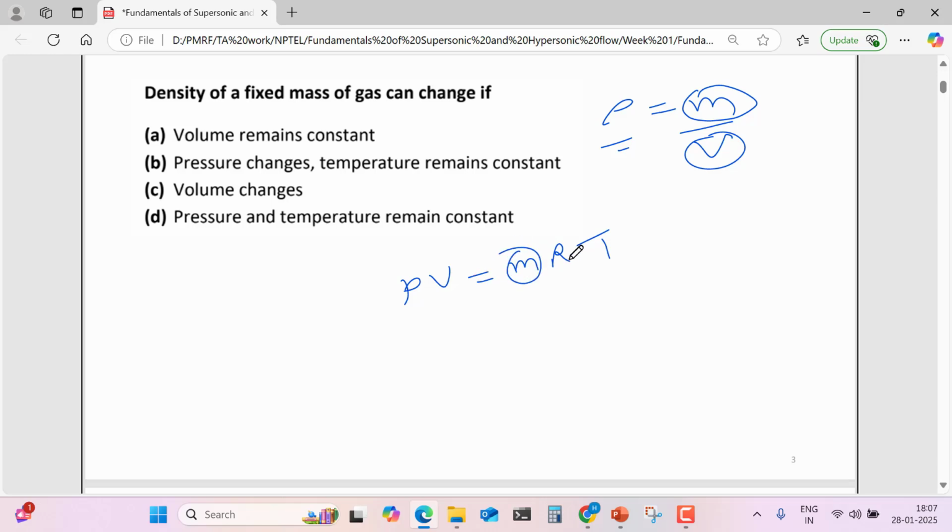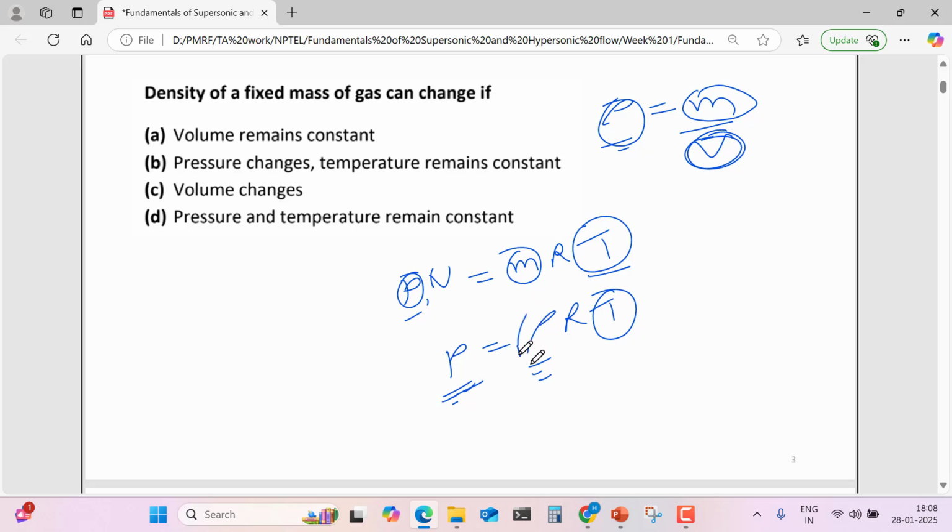So mass is constant and T is constant, and if pressure changes, then volume, density, sorry. So P equal to rho RT. If T is constant and pressure changes, then density will also change. And from rho equal to m by V, if volume is changing, then density will also change for the fixed mass. And if the temperature and pressure both remain constant, then density will also remain constant. So the answer for this question is B and C.